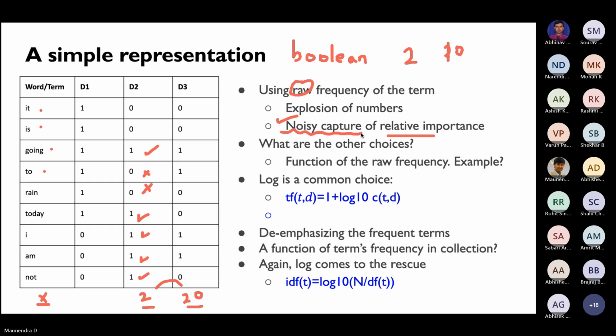So people said instead of using the raw frequency, we'll use some function of the frequency, which has some properties, but will not use these numbers directly. So what are some of those properties? One property is that if the occurrence is more here, the weightage should be more here.